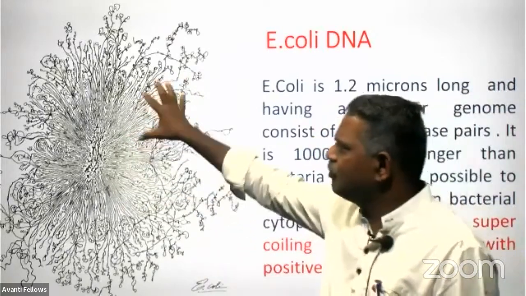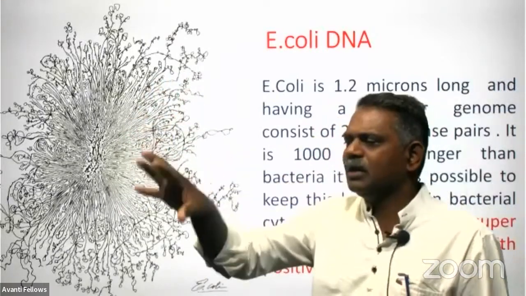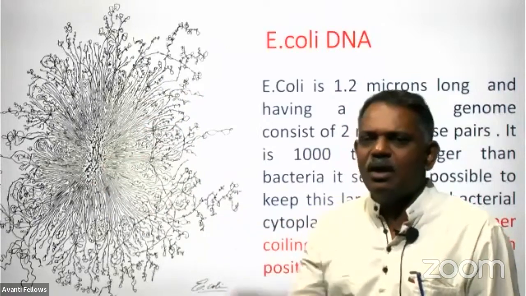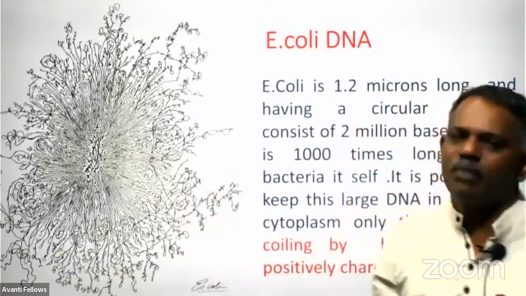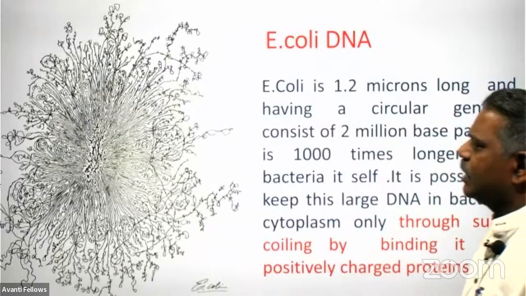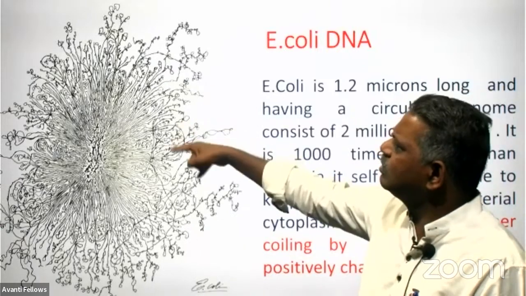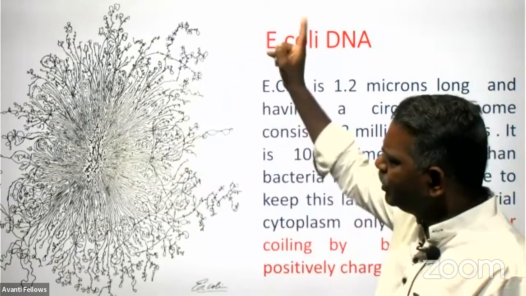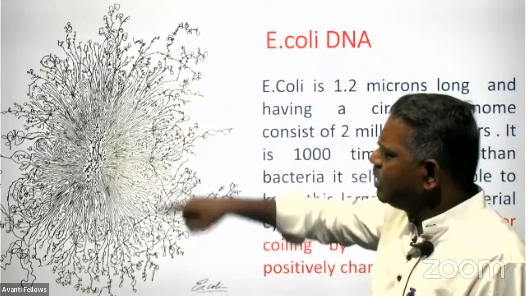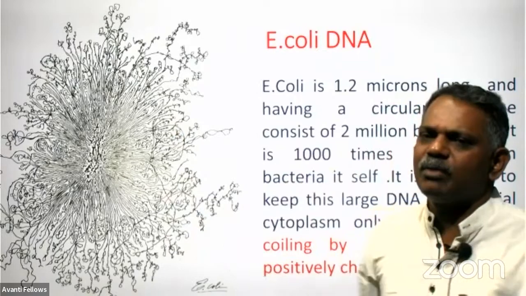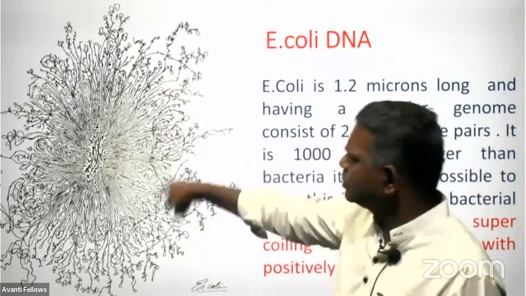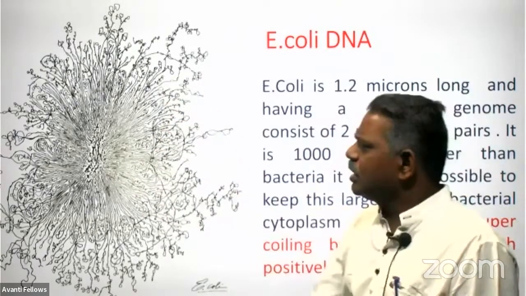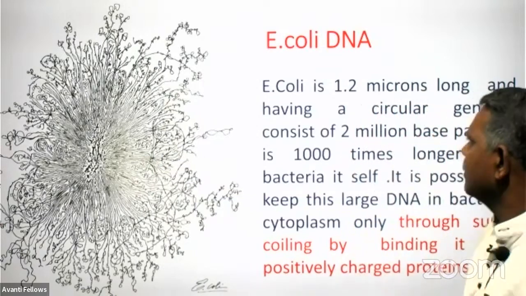Such very coiled DNA is located only in the nucleoid region or the nuclear region of the prokaryote. You see the total length of the DNA, and such a very lengthy DNA is kept in a small area inside the prokaryotic cell only because of such systematic coiling of the DNA.